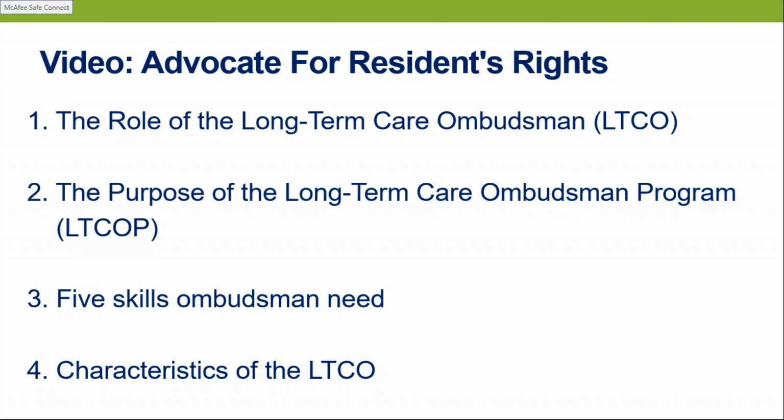When the ride ended, President Nixon added the Long-Term Care Ombudsman program to his speech regarding the proposed Older Americans Act. These were the things that were covered in that video: the role, the purpose, 5 skills an ombudsman needs, and characteristics.